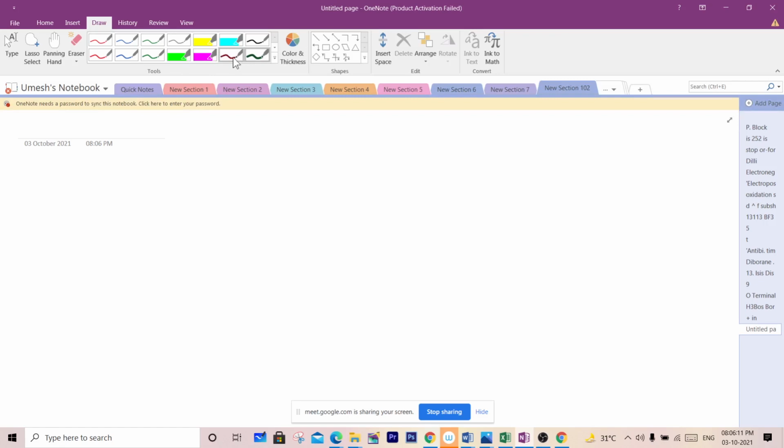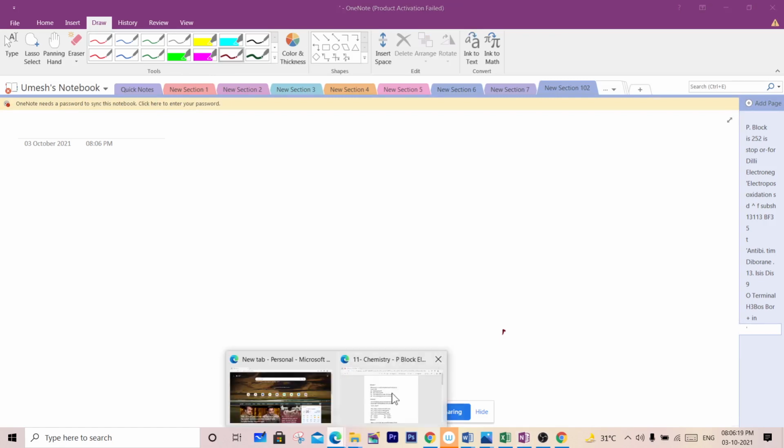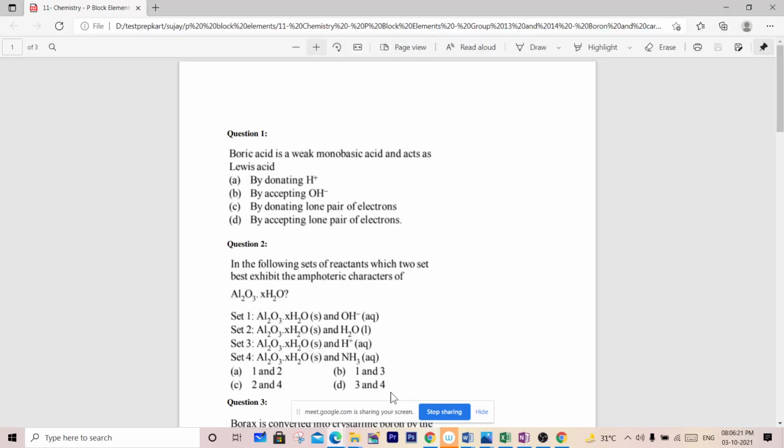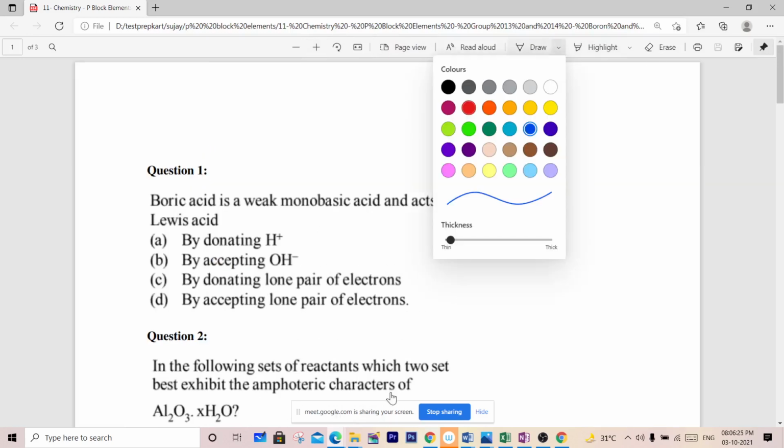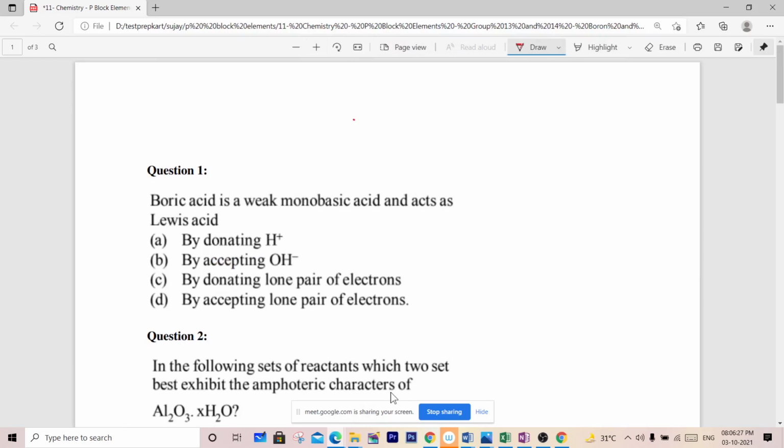Now next. If we see this question here, question number 1. Boric acid is a weak monobasic acid. Monobasic means it can give one H positive ion. And it acts as a Lewis acid.